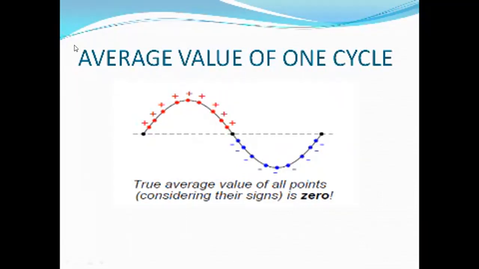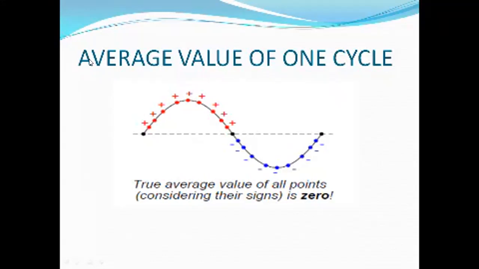In other words, the average value for the positive half cycle is equal to the average value for the negative half cycle, but the signs are opposite. So for a symmetrical AC, the average value over a complete cycle is 0, as both half cycles are exactly identical. Hence, the average value is defined for half cycle only.